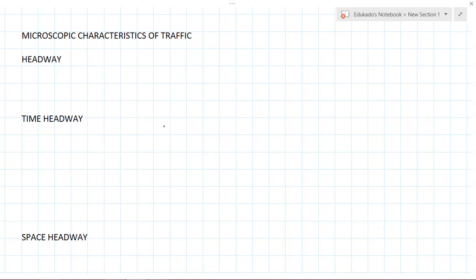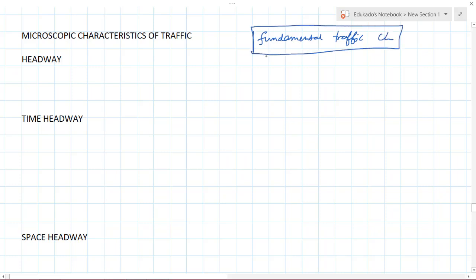Now, as I told you in the beginning, there were some fundamental traffic characteristics. Those fundamental traffic characteristics were flow, speed, and density.